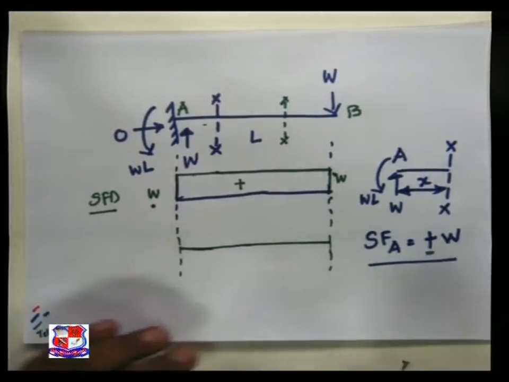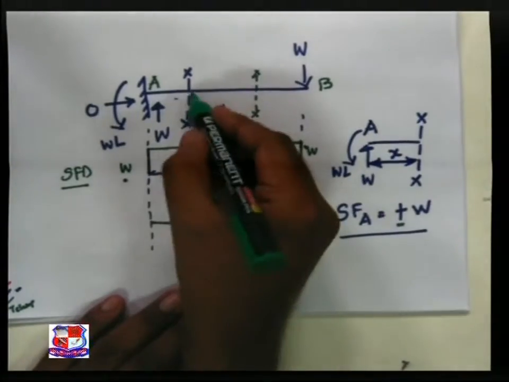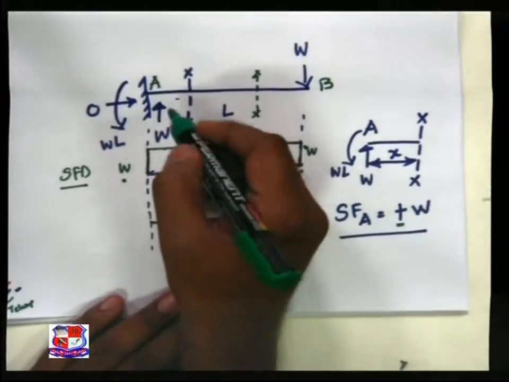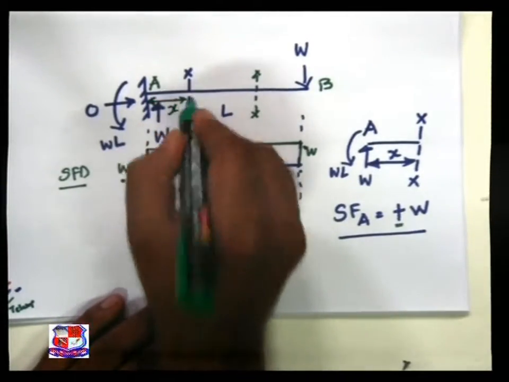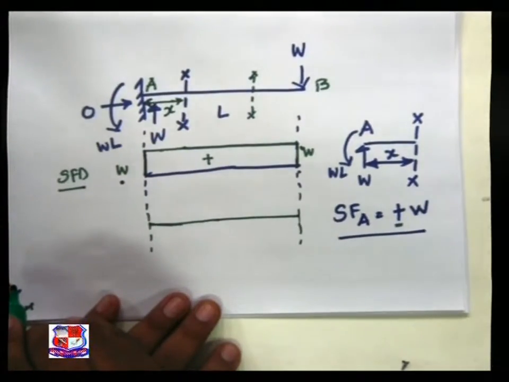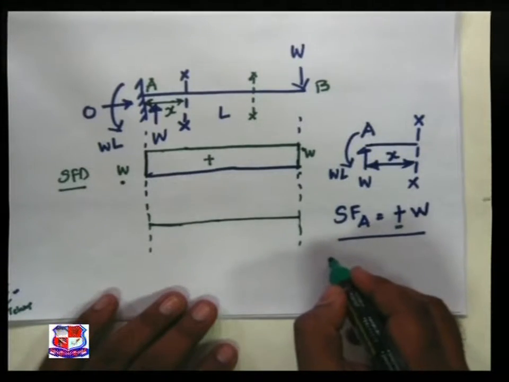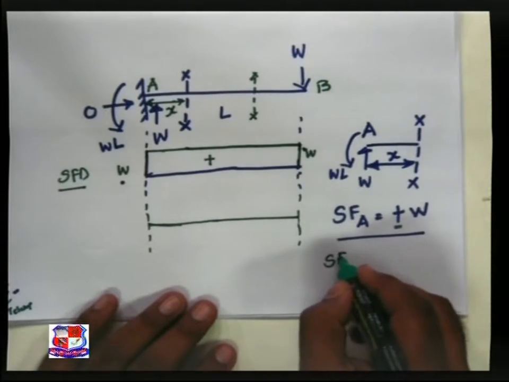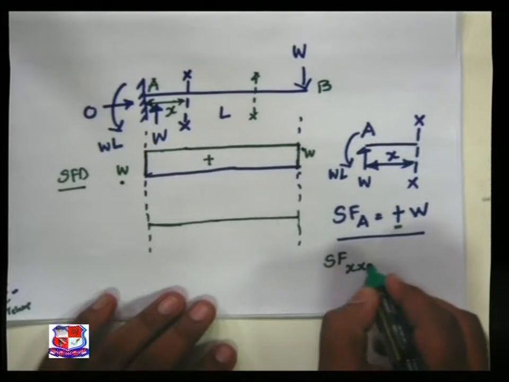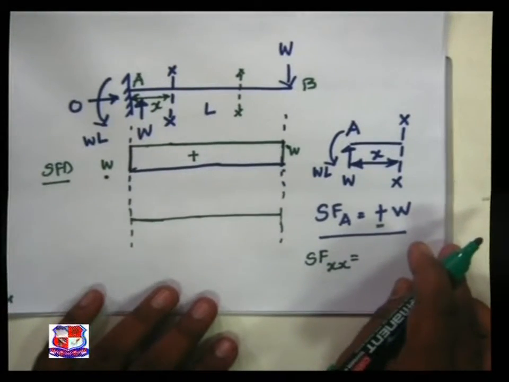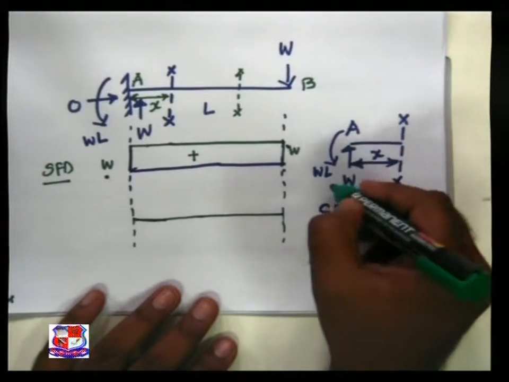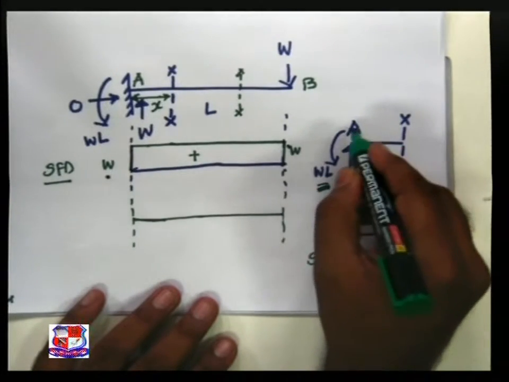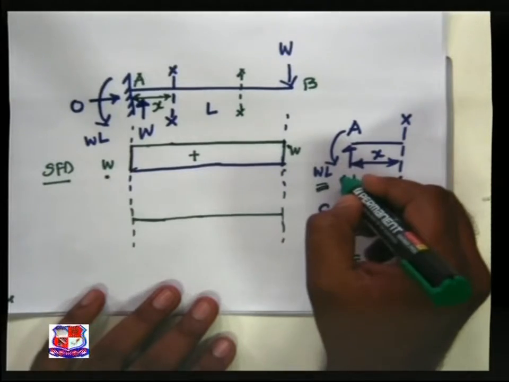Now, taking a section XX over here, at distance x from A, then bending moment at XX is equal to, first, very much important, WL. It is a direct moment acting.